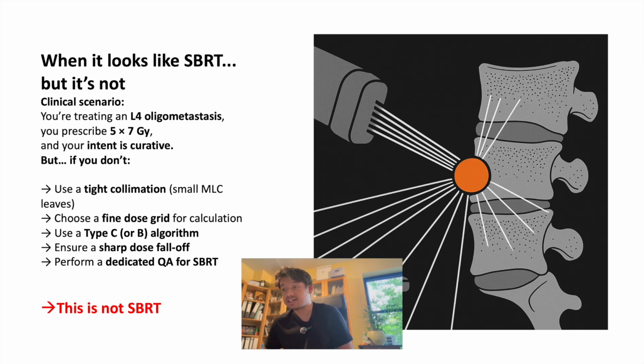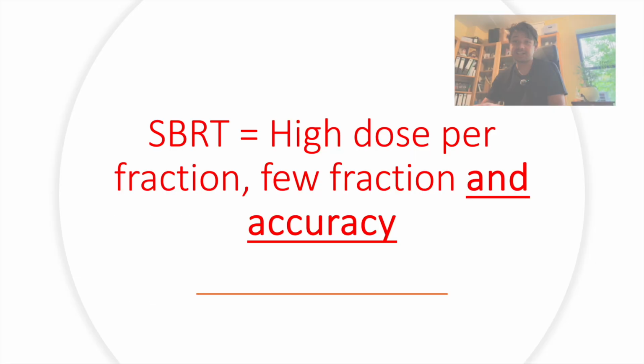Because precision in SBRT isn't just about the dose, it's about everything behind the scenes: the physics, the planning, the QA, all those invisible steps that make a true stereotactic technique. SBRT means high doses, few fractions, and precision, but precision is often forgotten, even though it's an essential part of the concept.